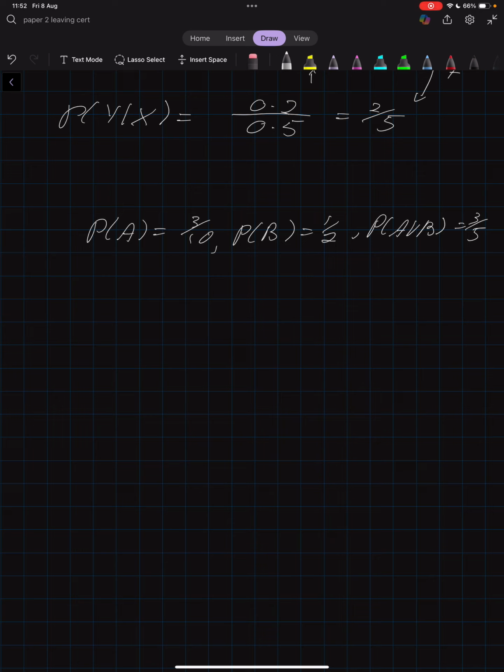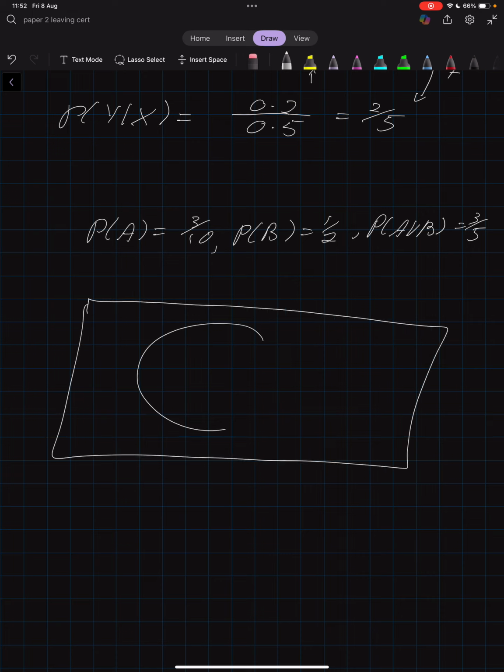So you would say grand. So do your Venn diagram. You've A and you've B. So this is equal to 0.6. So there's a 0.6 that goes in here, here, and here, and therefore it's 0.4 is the chance of it not happening.